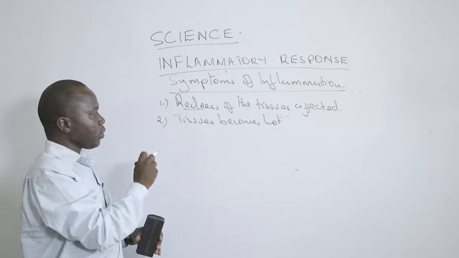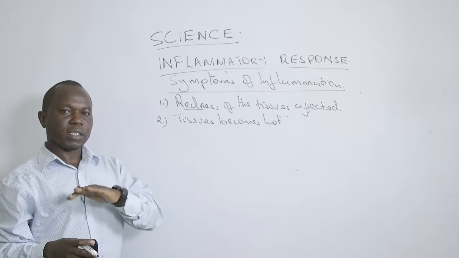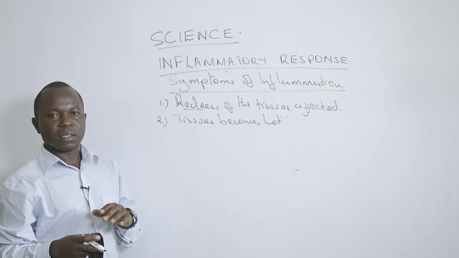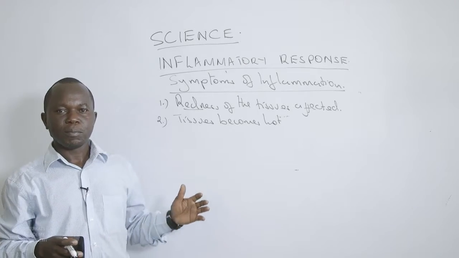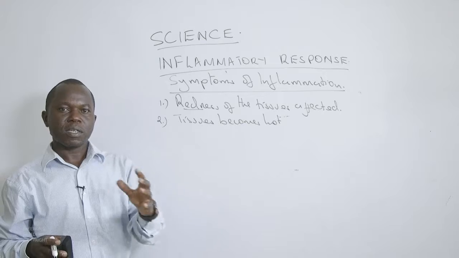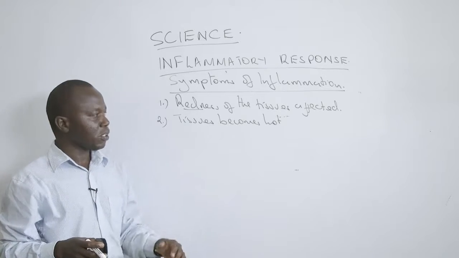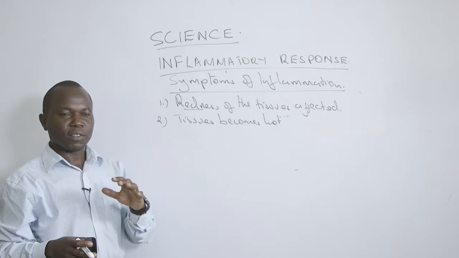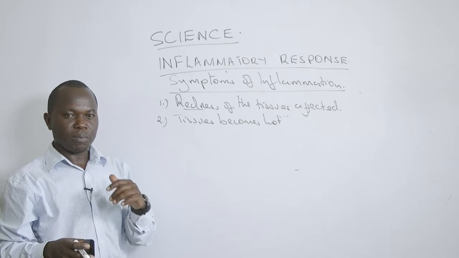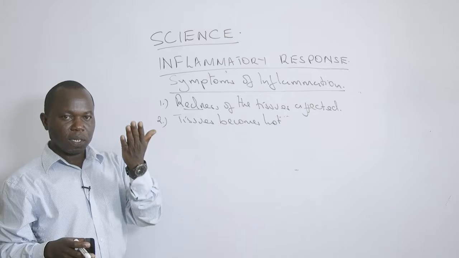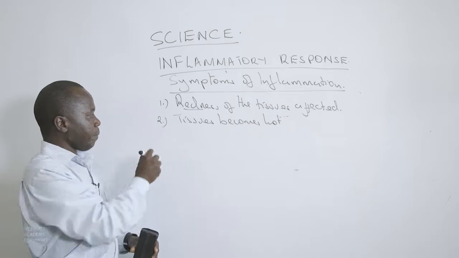The temperature is going to increase. We have looked at two factors that cause an increase in temperature. More blood flowing brings more heat, because blood is the one that distributes heat. And also phagocytes release chemicals that stimulate the hypothalamus to raise body temperature.